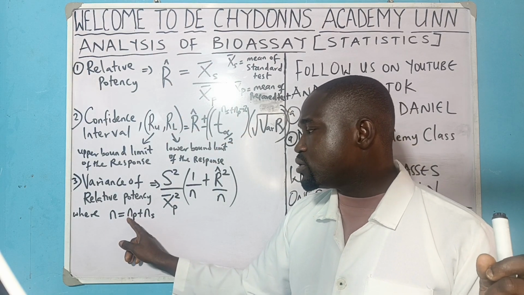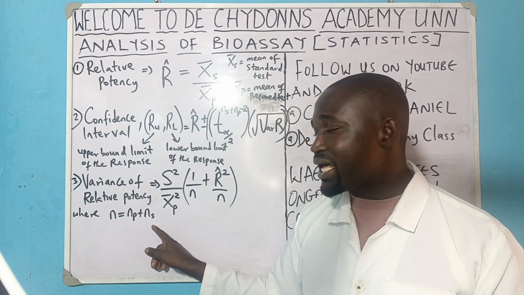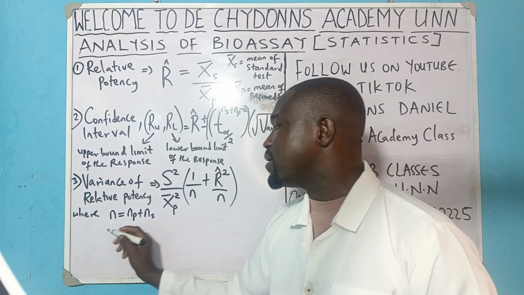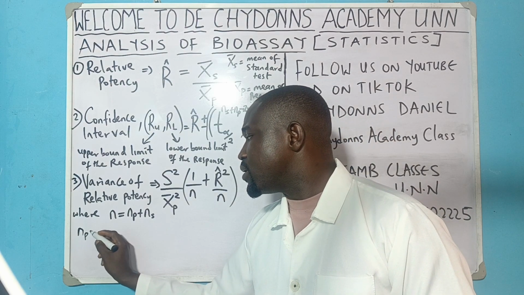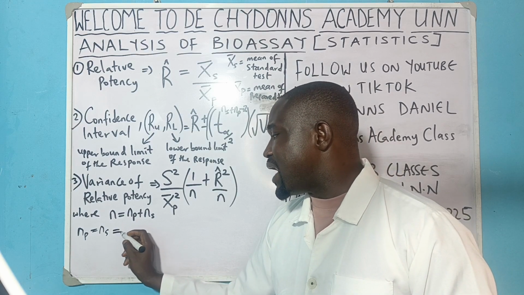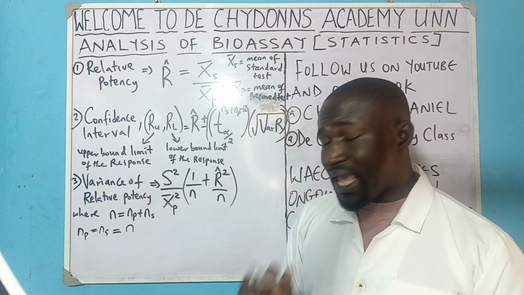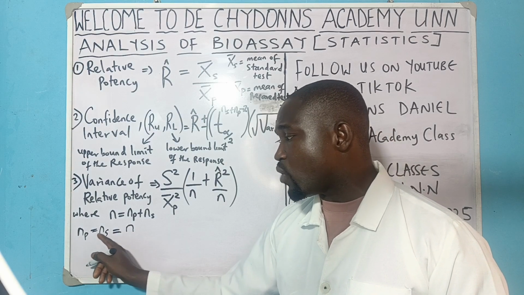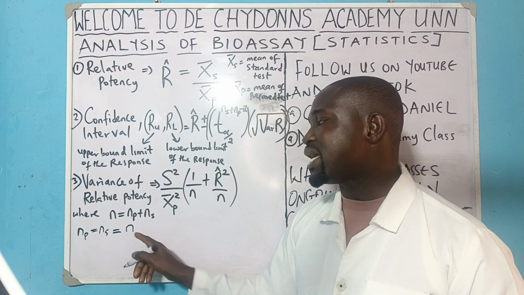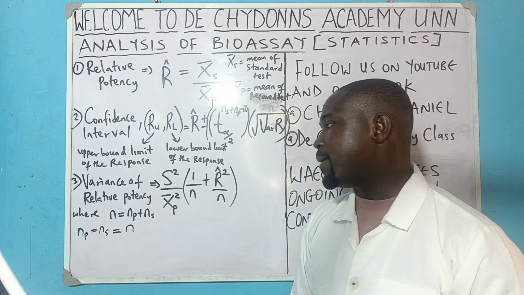So when you add the sample size of prepared test plus the sample size of the standard together, you get n. But in a situation whereby NP is equals to NS, say automatically that it will be equals to n, the total sample size. A situation whereby this is equal to this, say is equal to the total sample size. Don't just add them again. You get the gist? Okay.